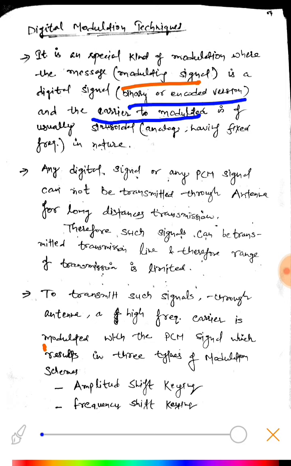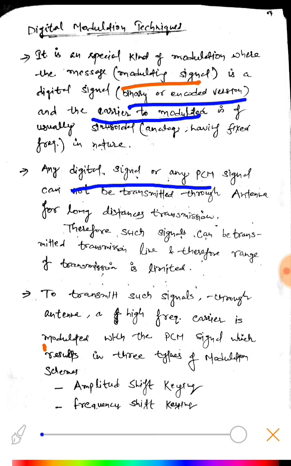Any digital signal or the pulse code modulated signal cannot be transmitted through an antenna for long distances. So we cannot transmit the digital information using an antenna up to larger distances.